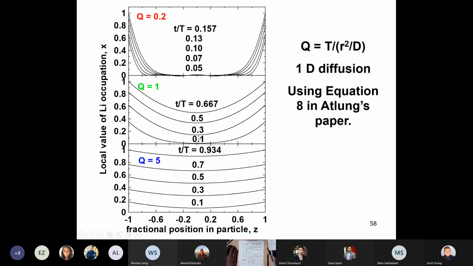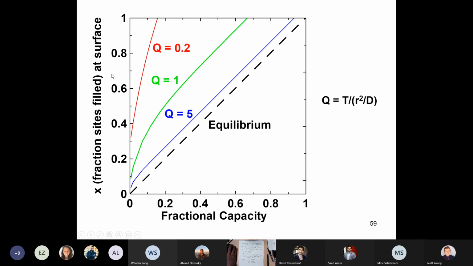So you're never going to get anything that looks like an equilibrium set of data if you do the experiment so fast. And then finally, at Q equals 0.2, you see that the surface is full by the time the average is only at about 0.16, right? Okay, so any questions about this slide?